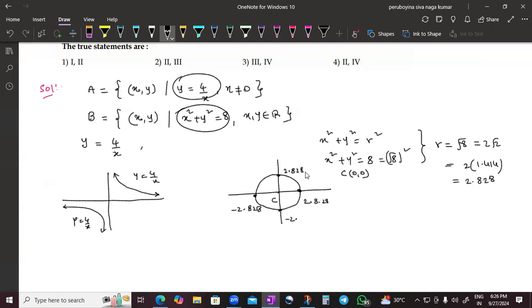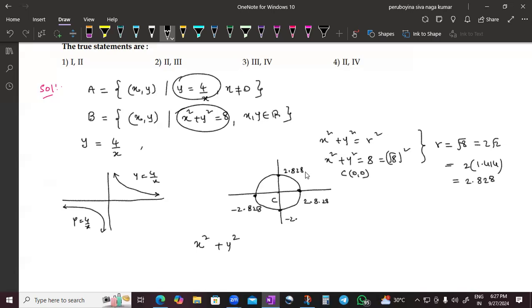And if you try to merge these two graphs, then we will observe whether the two graphs intersect with each other or not. So how to examine that? We will find these values. First consider the equations. Actually, graphically we cannot be sure whether the graphs intersect or not.